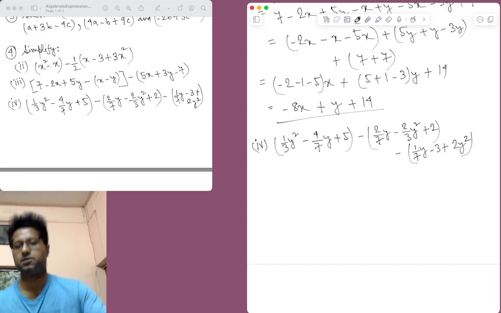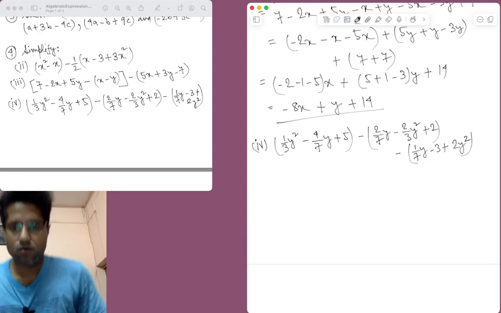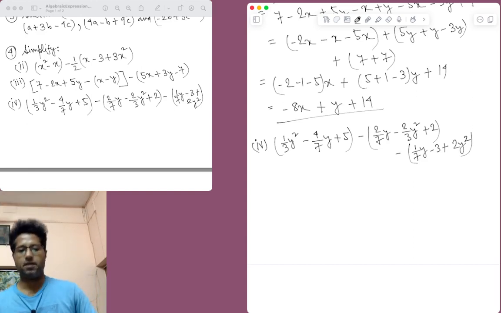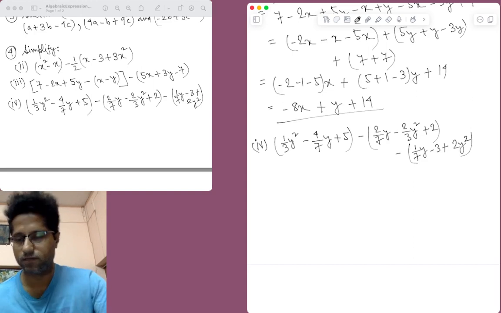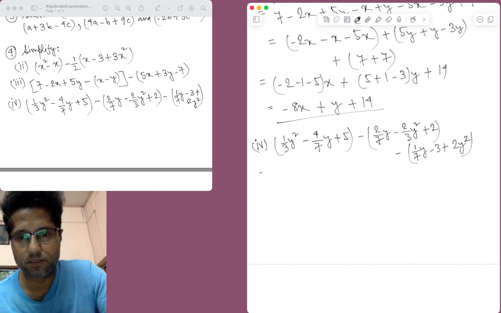So we have three expressions here. Now we can open the first grouping without any problem because there is no negative sign in front of it. So this just opens up 1 by 3 y square minus 4 by 7 y plus 5.